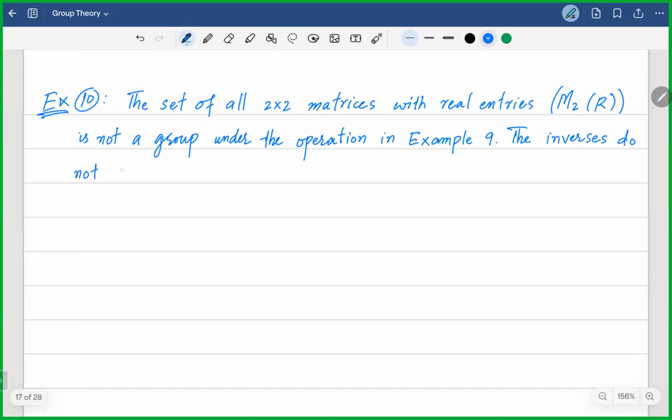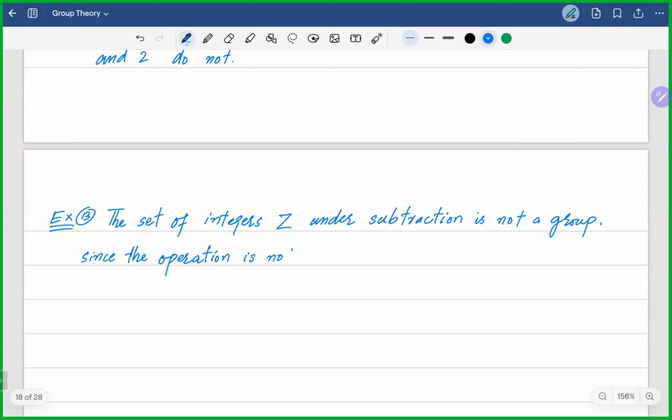The set of integers Z under subtraction is not a group since the operation is not associative. Which is very rare.